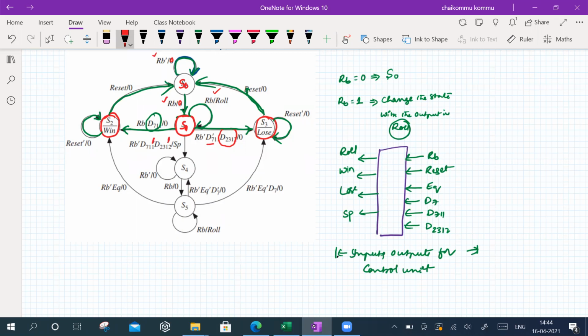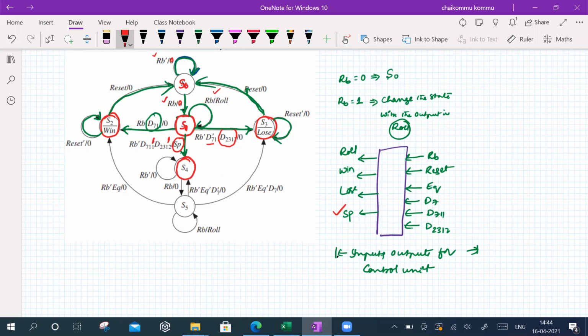In that situation, what we have to do is go to the new state called S4. With the generation of the store pointer signal, that means we are telling it to generate. Okay, so it is not there, this is also not there.